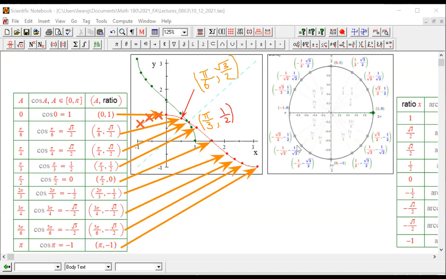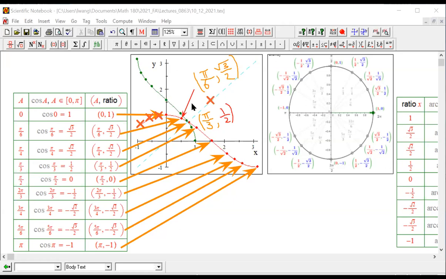Okay, so now let's look at the green points. You understand how the green points are reflected, right? Over the blue, what do you call it? Turquoise, right? It's over the blue. So this point, pi over 3, 1/2, will be reflected over on the other side, which is going to be here, this green dot.